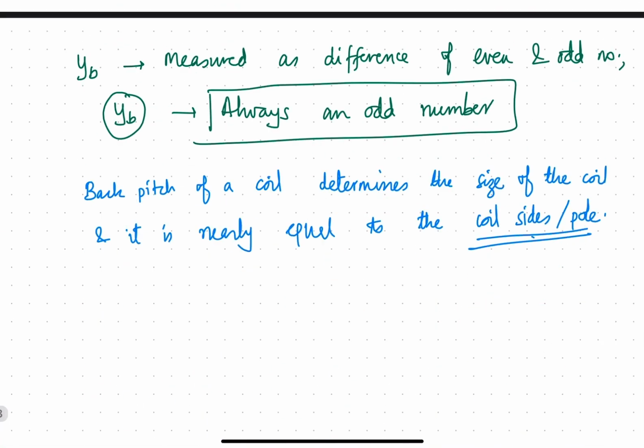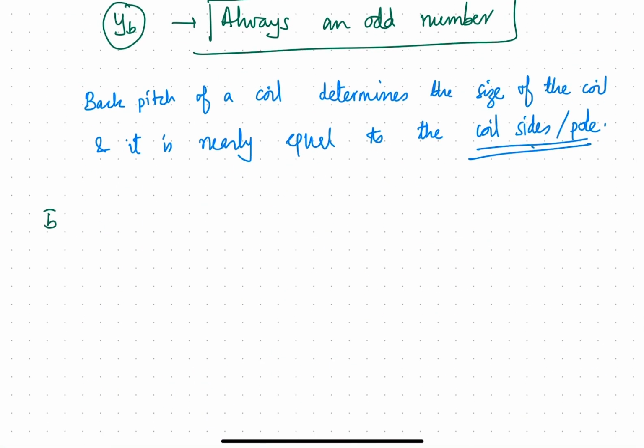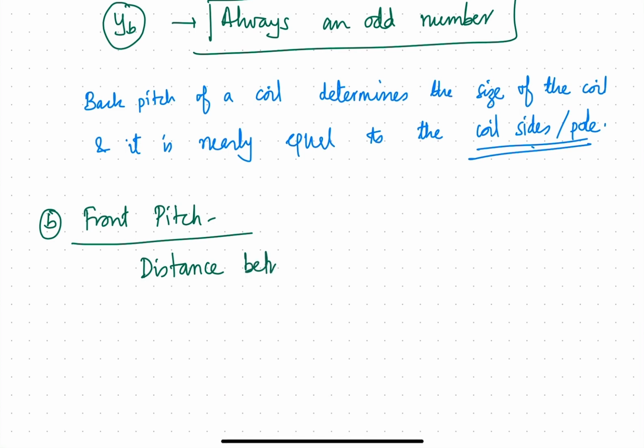The next is the front pitch. The front pitch is the distance between two coil sides connected to the same commutator segment.